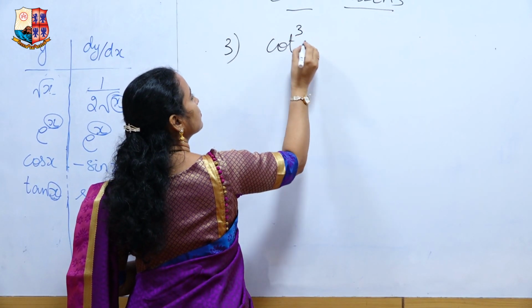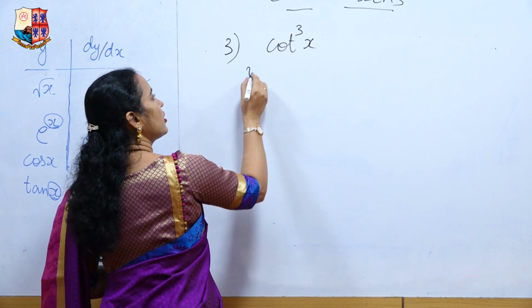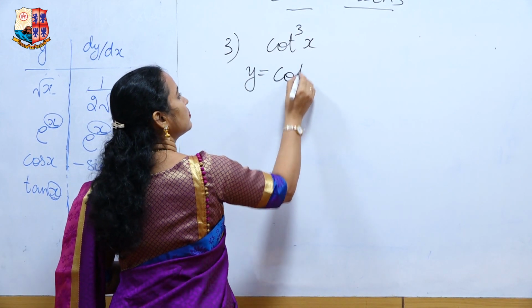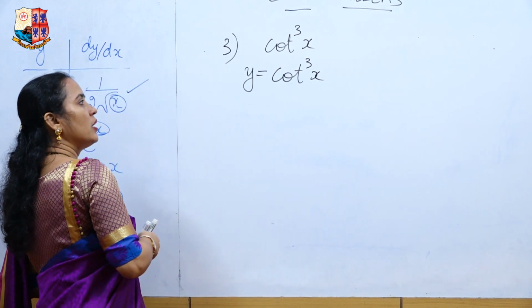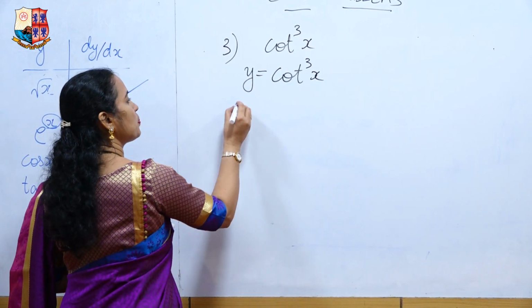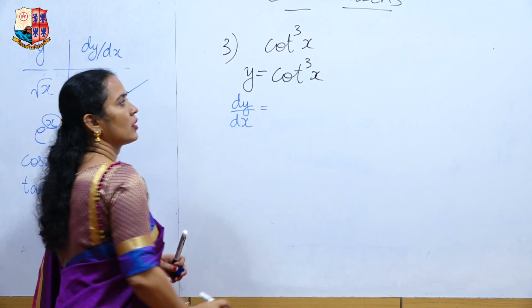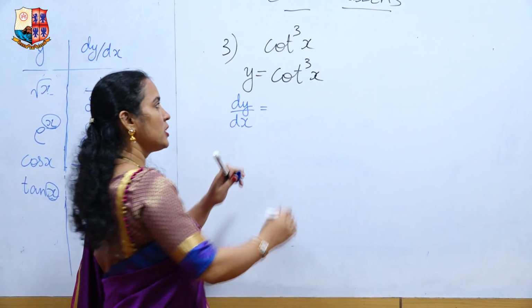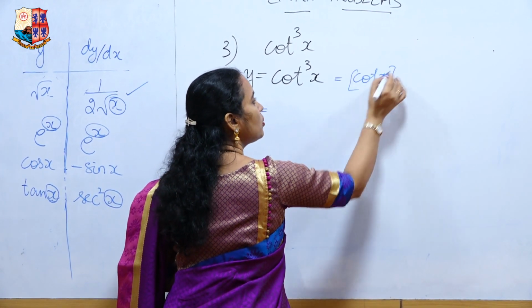Problem, cot cube x. Take the given function as y. Differentiate y with respect to x. Cot cube x means what? It is cot x the whole cube.